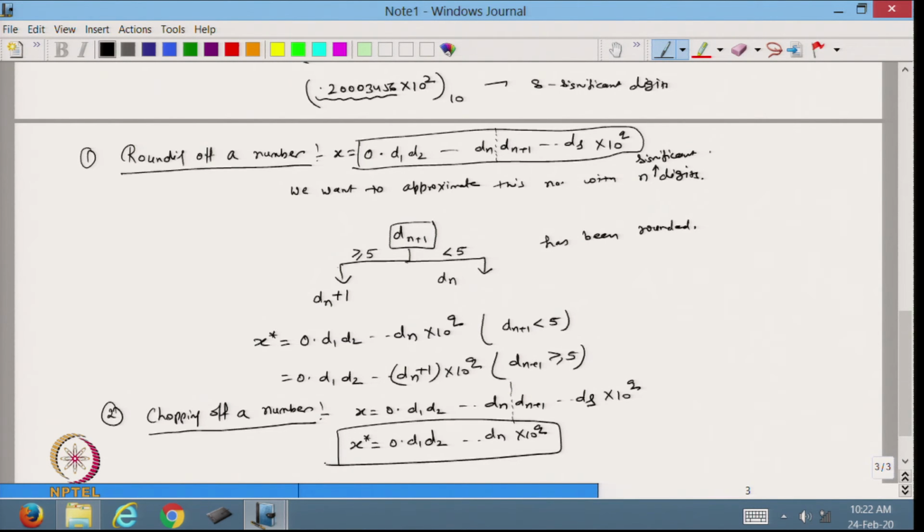In this case, if dn plus 1 is less than 5, then the rounding of a number and the chopping of a number are the same.